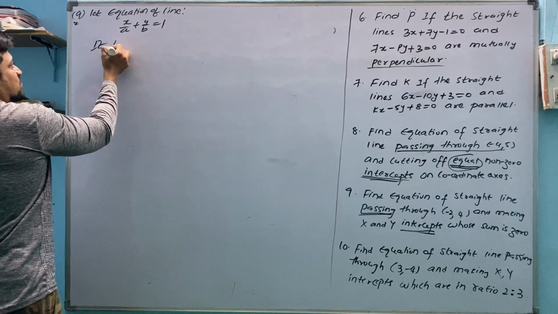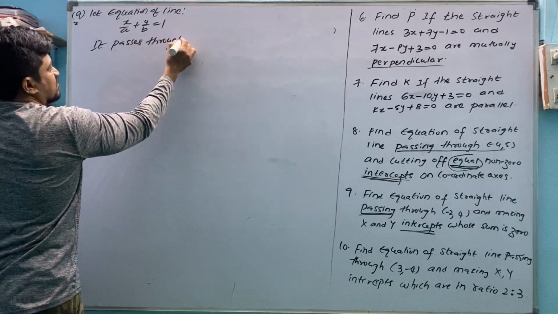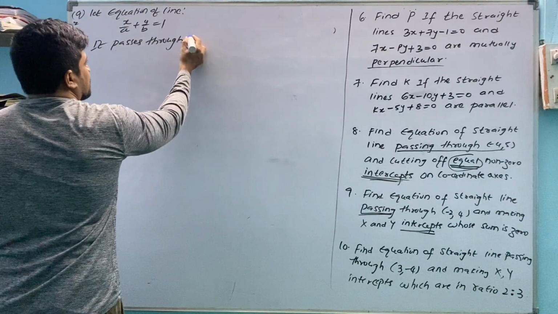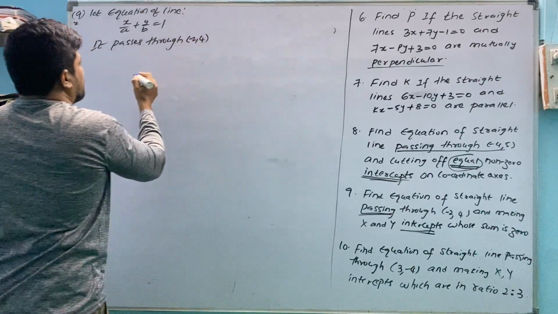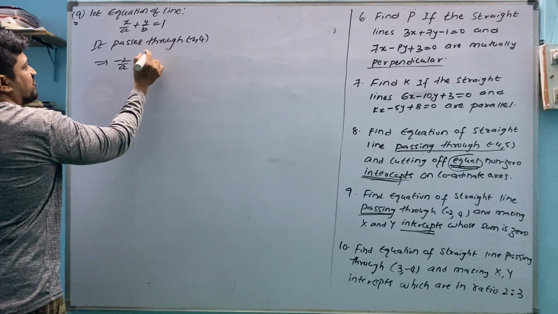Line passes through minus 2 comma 4, means in place of x minus 2, in place of y 4.